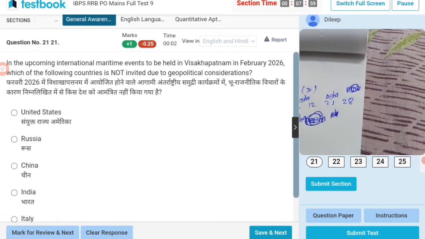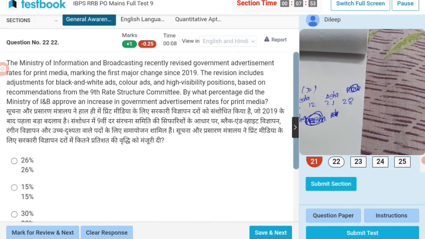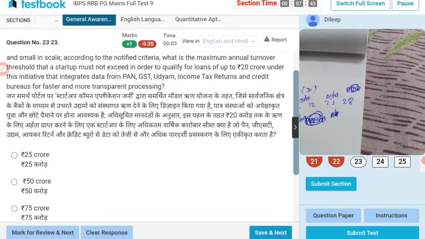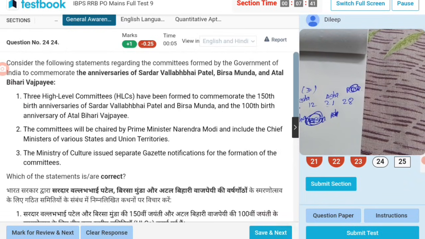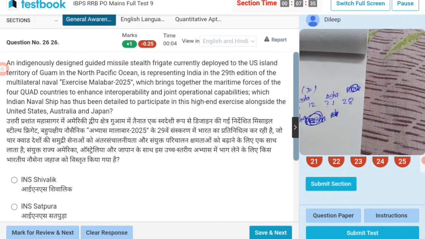Upcoming International Maritime Visakhapatnam. The Minister of Information and States Print Media. is wholesale price index.